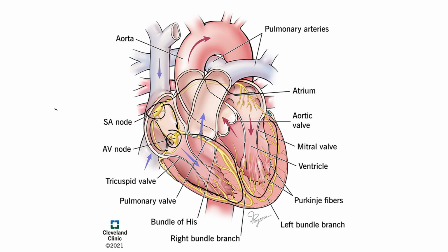But I really don't think that does justice to what's truly the case. I'll explain why in a second. Yes, it's true that AV node fibers, SA node fibers, and conduction fibers are all autorhythmic, meaning they all have funny channels. They're all capable of getting back to threshold on their own. But that's about where it ends. Conduction fibers propagate action potentials very differently, more like contractile fibers than SA node or AV node fibers do.